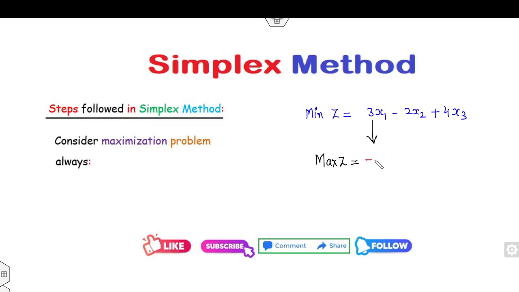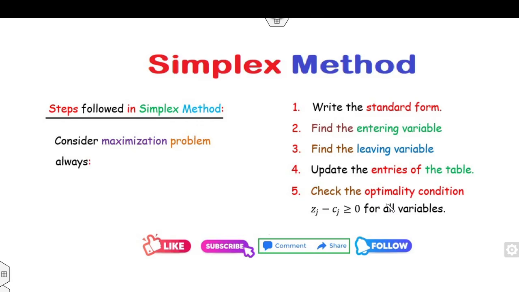I can multiply by the negative sign, so it becomes minus 3x1 plus 2x2 minus 4x3. So our target is to apply the simplex method on the maximization problem. It is not compulsory to always apply it for maximization; you may apply it for minimization as well. But it is better to apply it for maximization so that the rules and steps we follow are uniform for each problem.